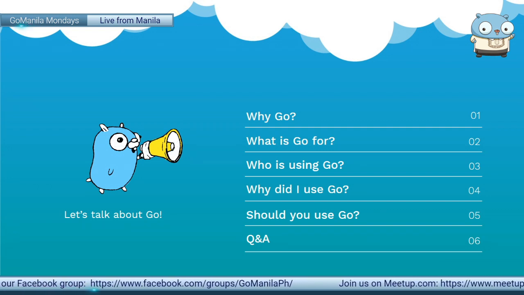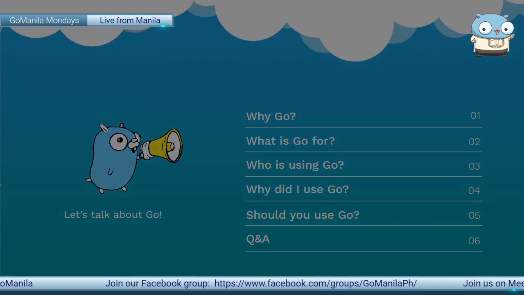I'm going to talk about the different use cases for using Go. I'm going to give you a synopsis of the companies that are actually using Go right now in production. Then I'm going to talk about the specific use case that led me to use Go for the first time here at Freelancer. And then I'm going to ask whether you should use Go or not. But anyway, we'll get to that a little bit later.